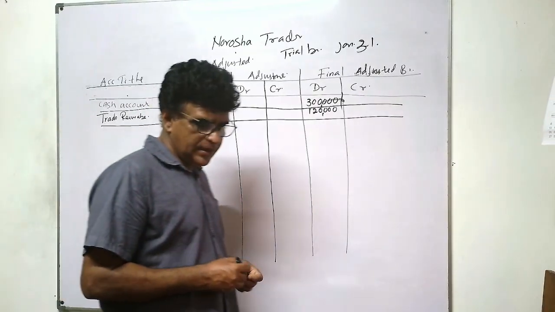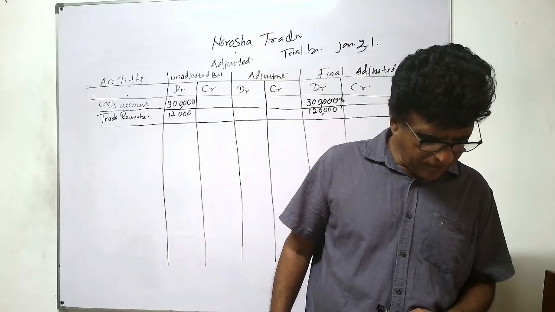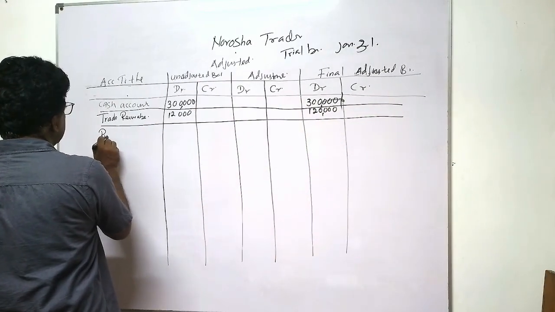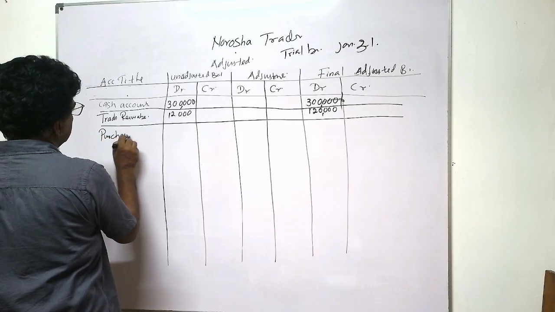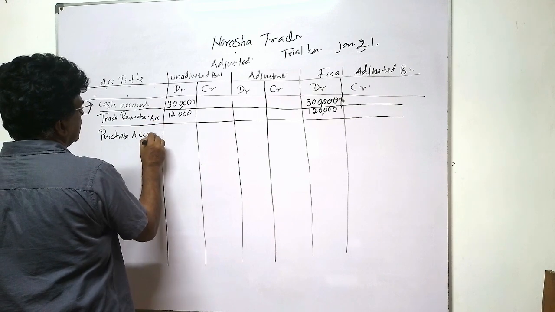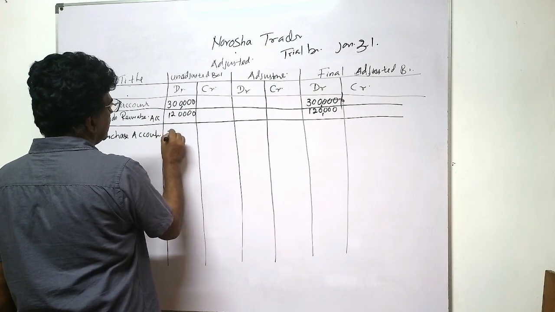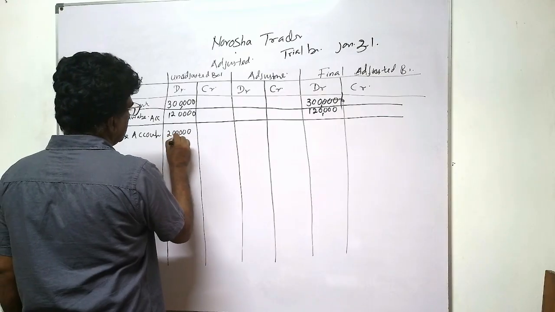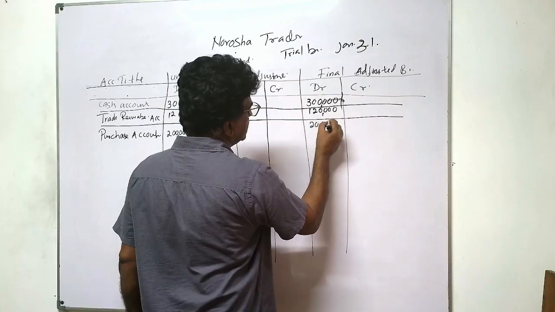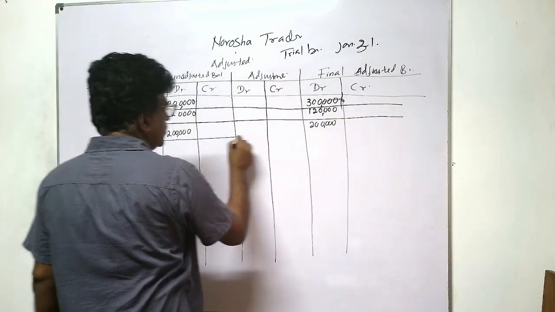Then the purchase account, we have 200,000 debit balance. We can take that 200,000 here. No adjustments.